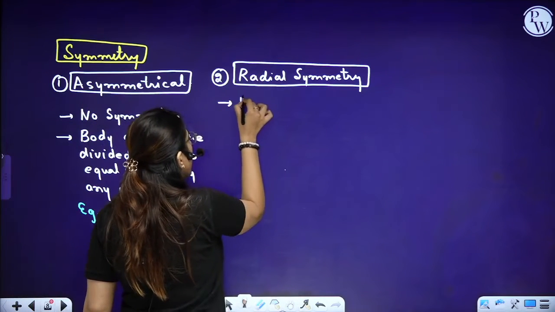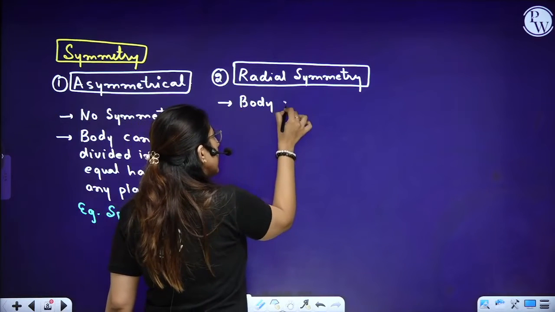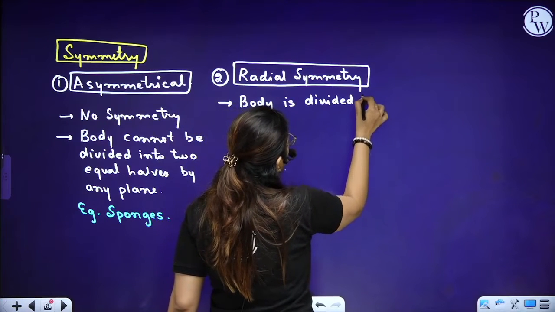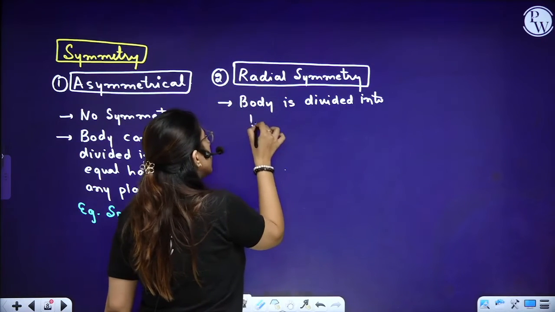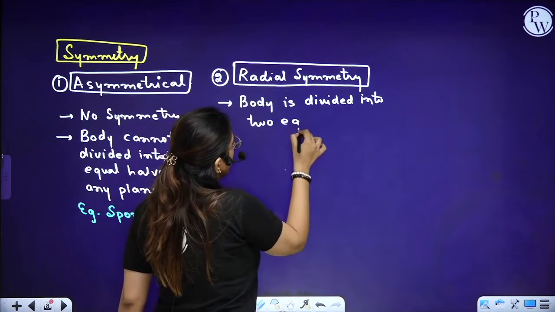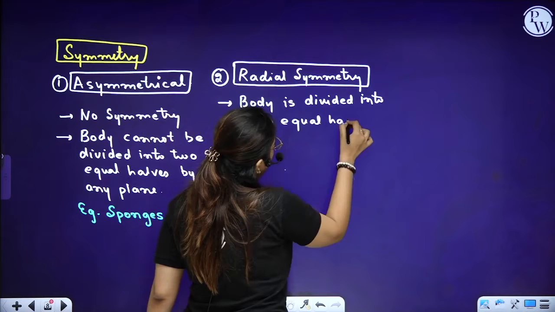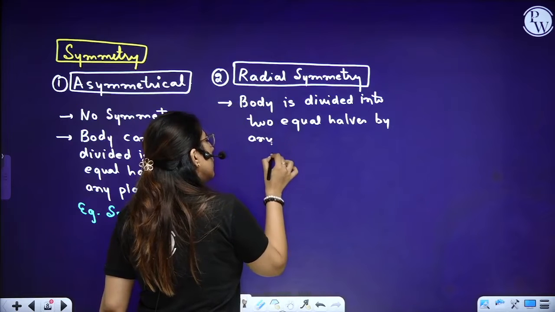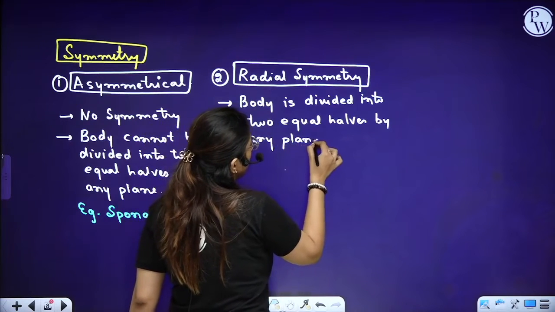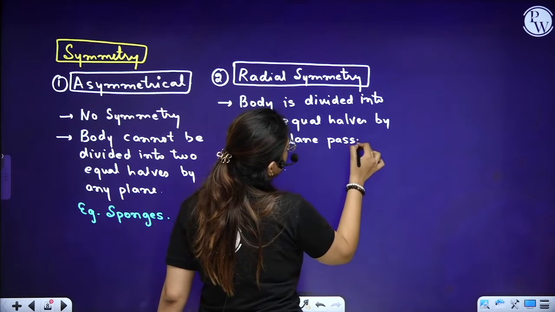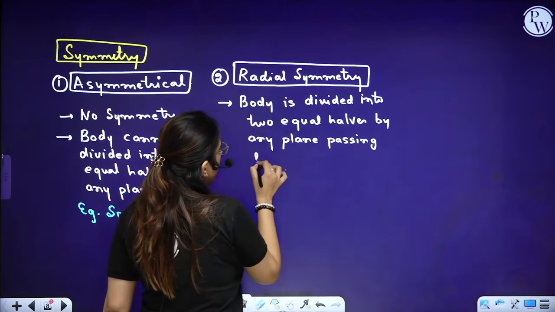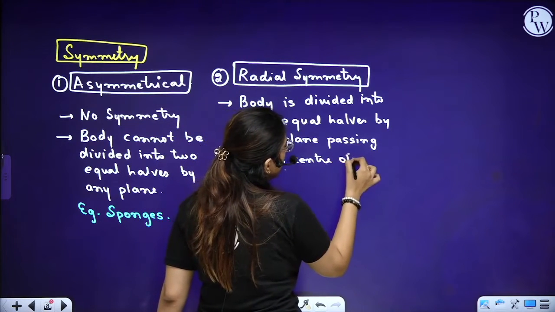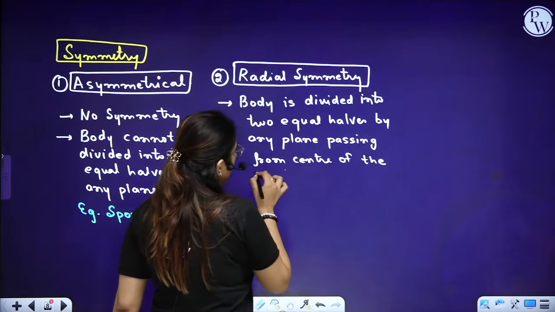That means the body is divided into two equal halves by any plane passing through the center of the body.